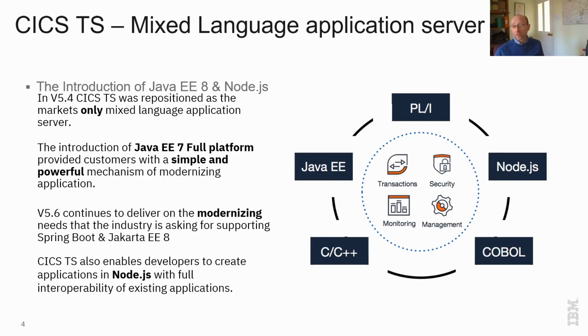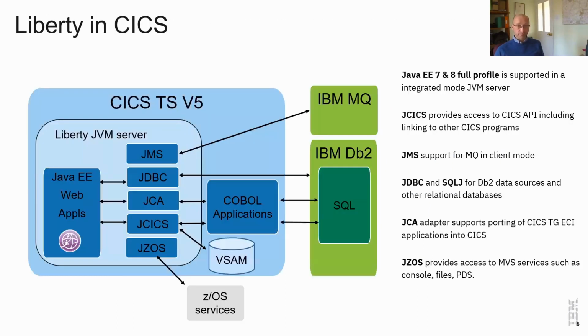So not just the traditional languages of COBOL, C, PL/I, assembler, but now we have Java and Java Enterprise Edition, and of course Node.js as a powerful way of modernizing applications, enabling mixed language applications with components that can comprise any of those language modules all intermixed in the same CICS region, and all sharing the same CICS security, transaction, and task scheduling context that we all know and love.